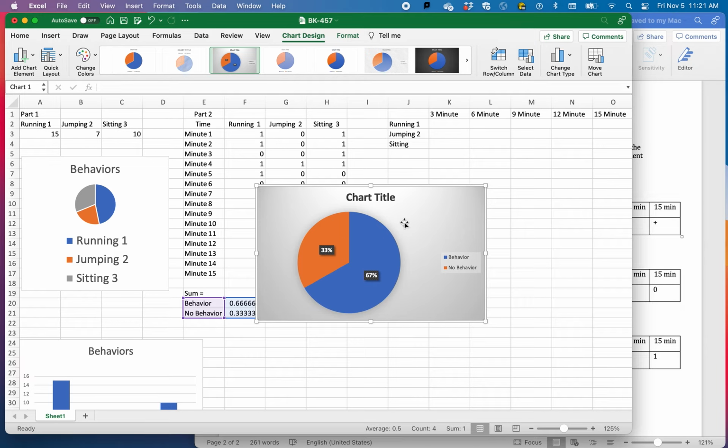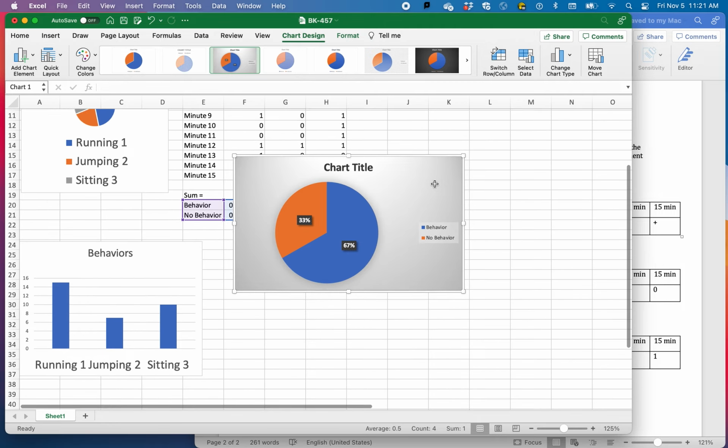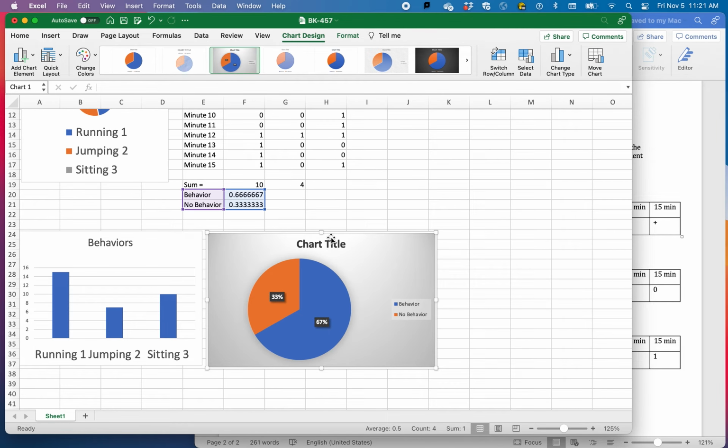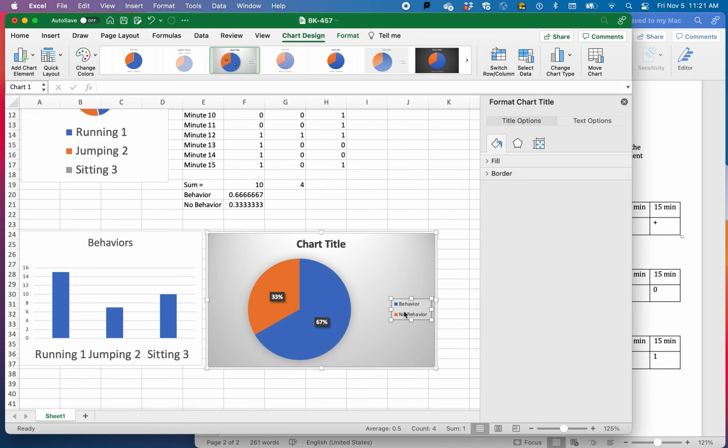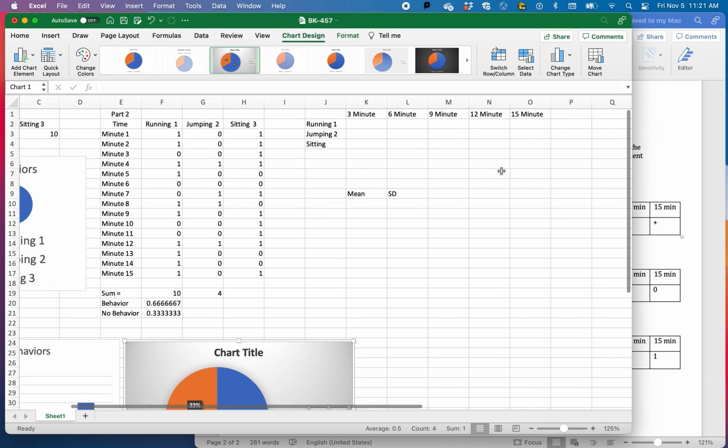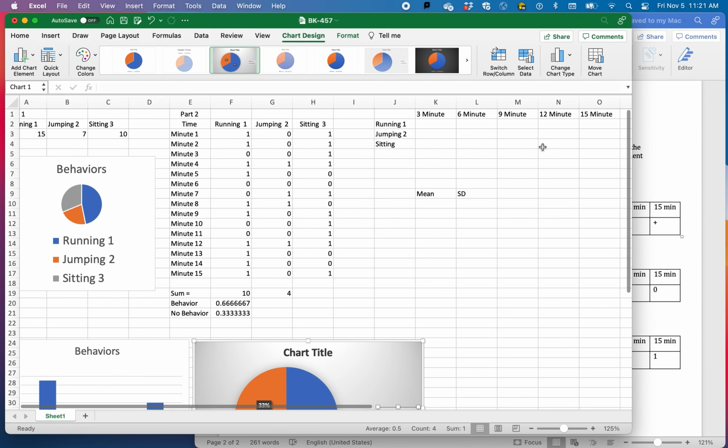This one's actually a little bit more intuitive where it gives you the numbers. And again, titling this and changing the font are two things that I want to see to get full credit. All right, so that's it for that section. The next section, we're going to go over how to graph or do a line graph.